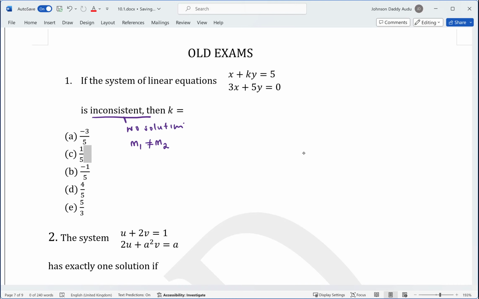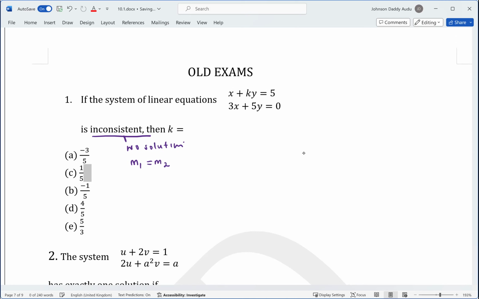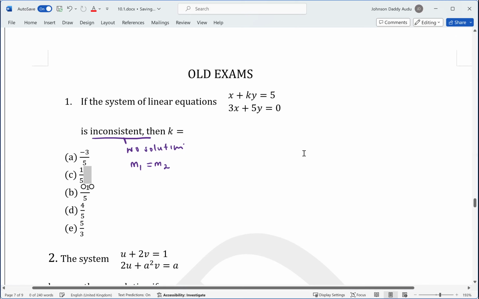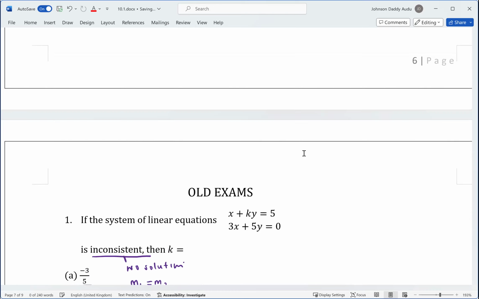Or we can say no solution simply means the slopes are the same, right? It means they are parallel, so there's no intersection. And also, we can see that b1 and b2, which are the y-intercepts, are not the same. So this is what we mean by inconsistent.